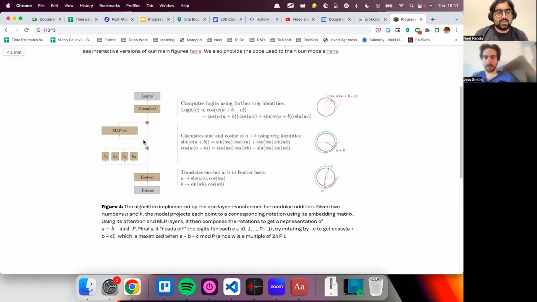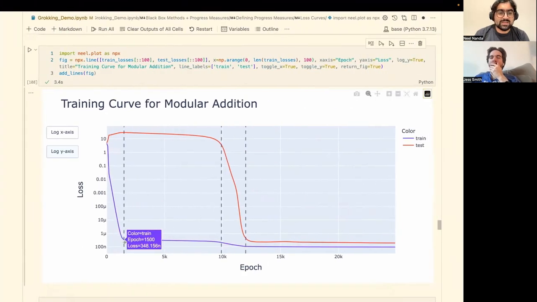Under this framing, the model ultimately prefers to get to the generalizing solution, but it takes a longer time to get there. So it gets the memorizing solution first, but then there's this long phase of circuit formation where it's slowly transitioning from the memorizing solution to the generalizing solution.